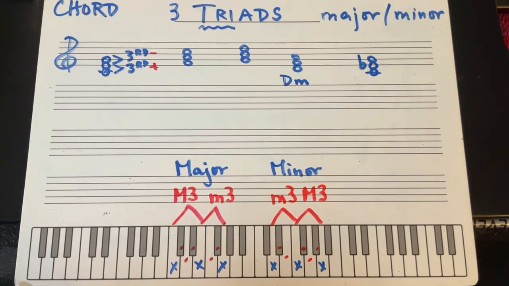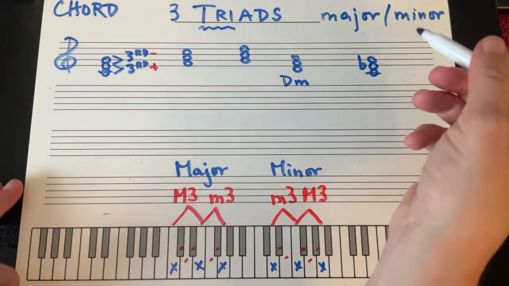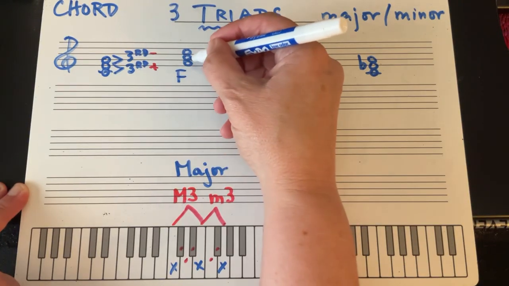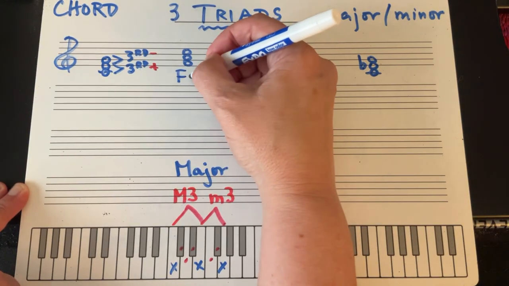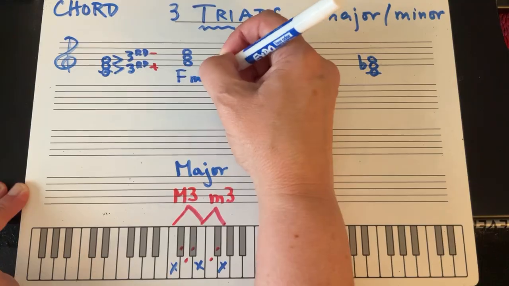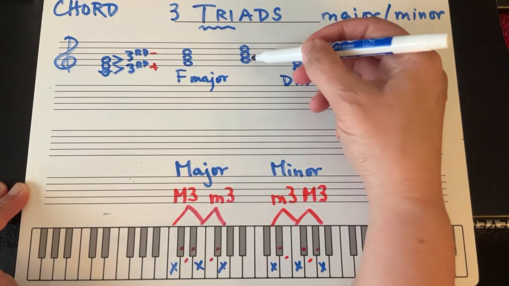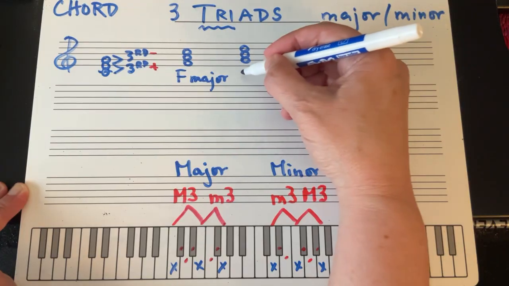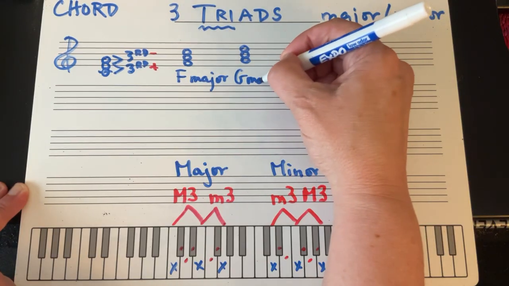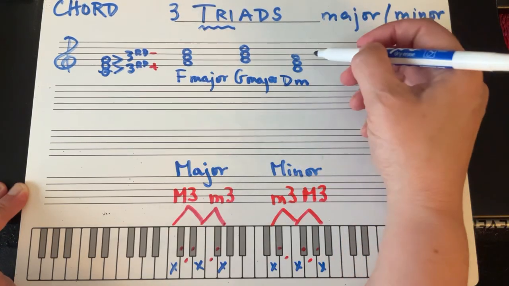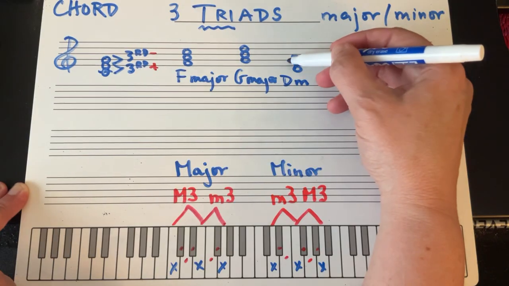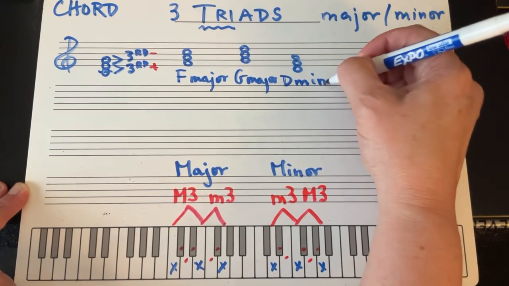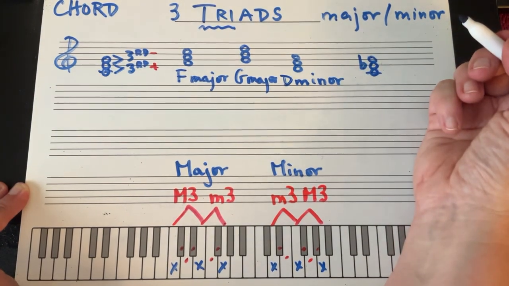The other way you can do it, of course, is if you realize in the key of F major, these are the three notes that you would start with. So this is an F major triad. In the key of G, these are the first, third, and fifth notes of that major scale. So you would identify this as G major. And then if you know D major has an F sharp and this doesn't have the F sharp, then you know it's D minor.